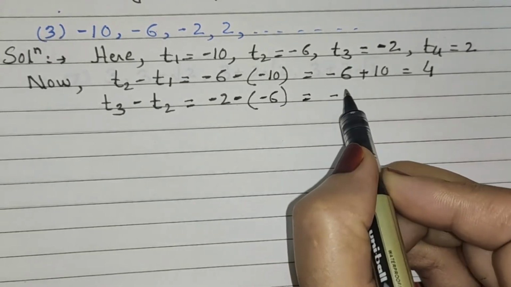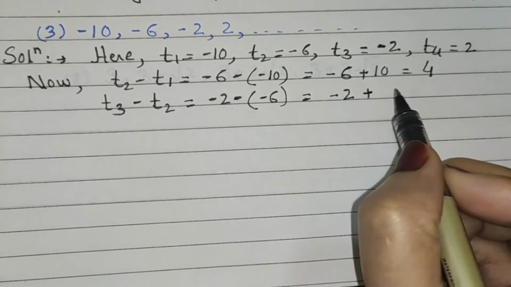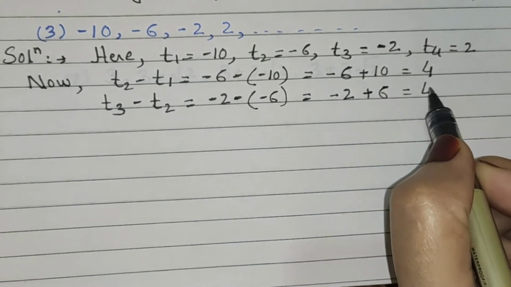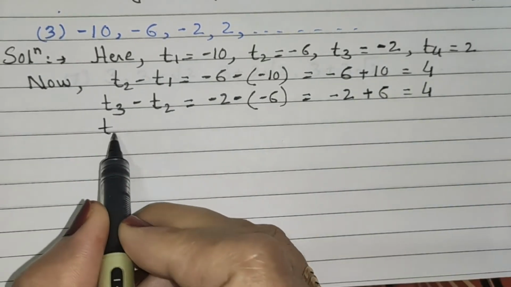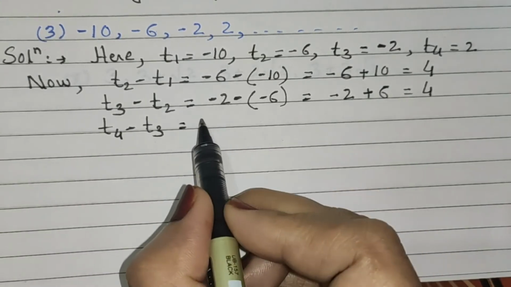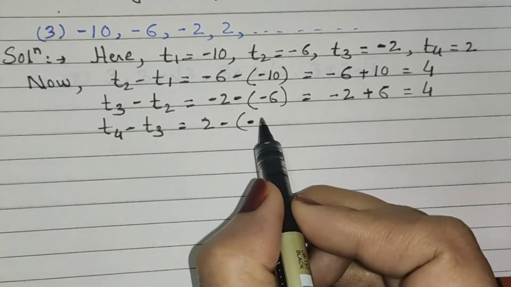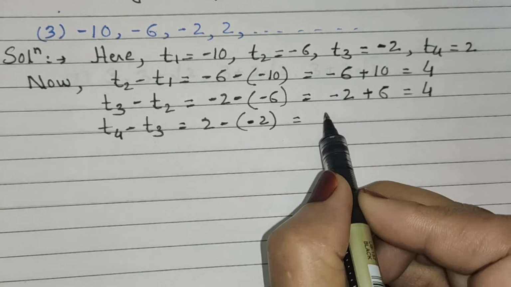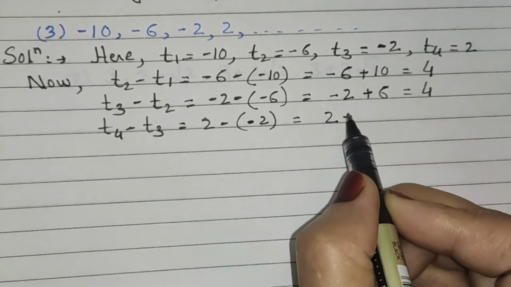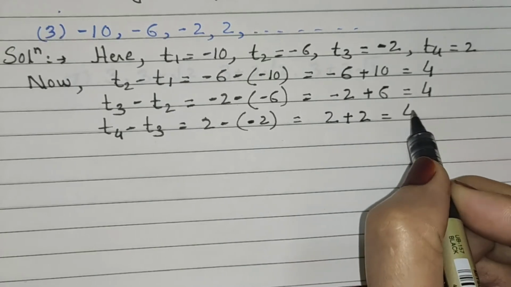Now minus into minus, we get +6. Here 4. Next, T4 minus T3 is equal to 2 minus T3, means -2. Now open the bracket, minus into minus, negative into negative, plus. Now we get here 4.